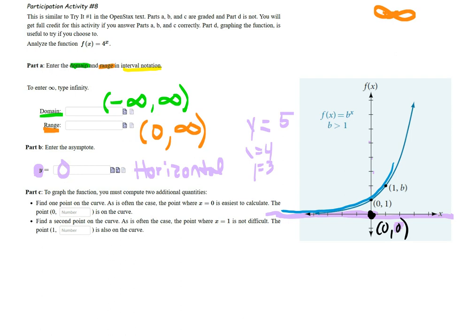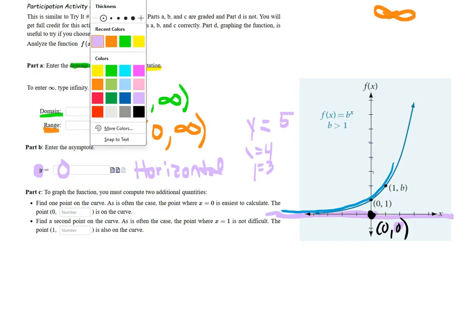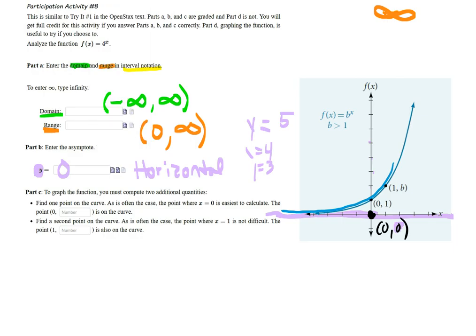And then part C, to graph the function, you must compute 2 additional quantities. Find one point on the curve, as is often the case. The point where x is equal to 0 is easy to calculate. Our original function is up here. Let's go with teal blue.